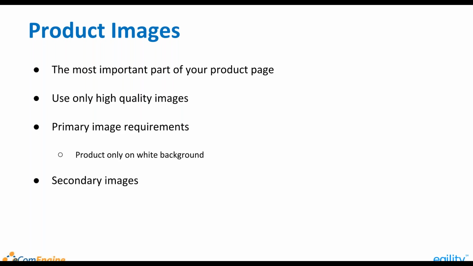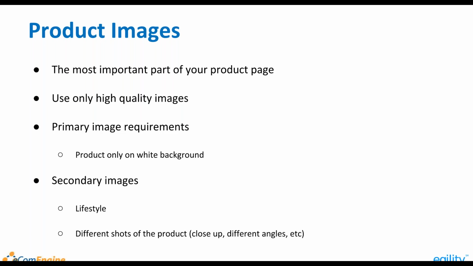Now, secondary images, there is more latitude there. You can do lifestyle, and of course, I always recommend you have several different angles of the product. Close up, that's especially helpful for fabrics and things. Different angles of the product, front, back, side. If you're selling in grocery or supplements, shots of the nutritional information, ingredient lists, things like that.